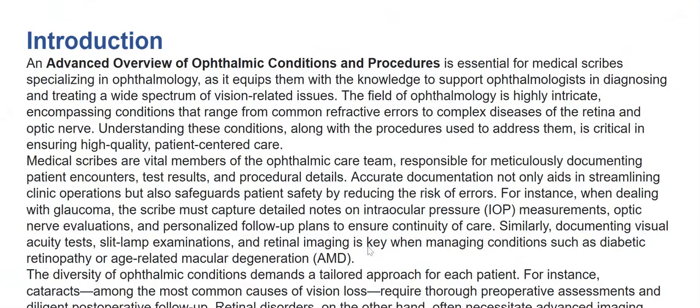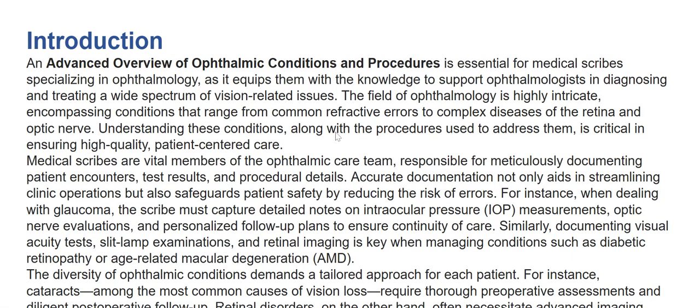The introduction. An advanced overview of ophthalmic conditions and procedures is essential for medical scribes specializing in ophthalmology, the eye medicine, as it equips them with knowledge to support ophthalmologists in diagnosing and treating a wide spectrum of vision related issues. The field of ophthalmology is highly intricate, encompassing conditions that range from common refractive errors to complex diseases of the retina and optic nerve.